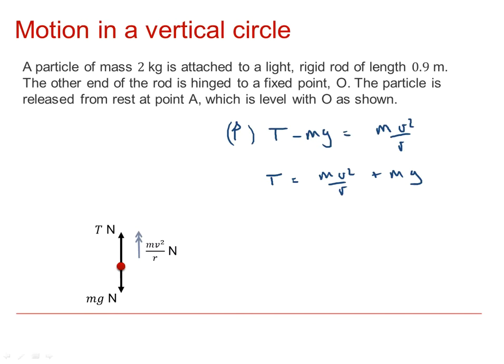We could use our value of v that we found in the last part of the question, but we had an expression for v squared. v squared was equal to 1.8g, so 1.8 multiplied by 9.8, and therefore T must be equal to mv squared, that's 2 multiplied by 1.8 multiplied by 9.8, divided by the value of r, which is 0.9, and then plus the mass 2 multiplied by 9.8.